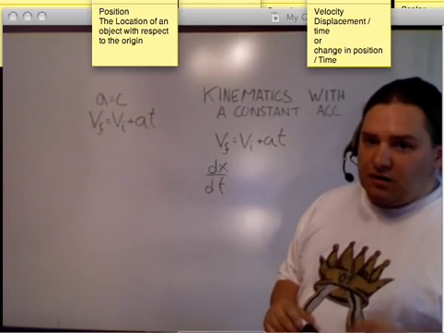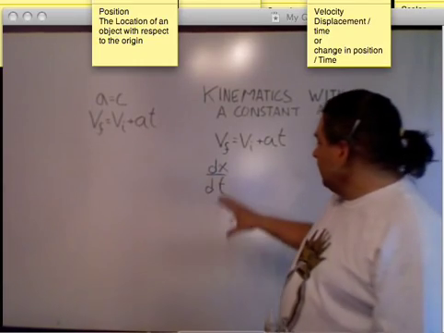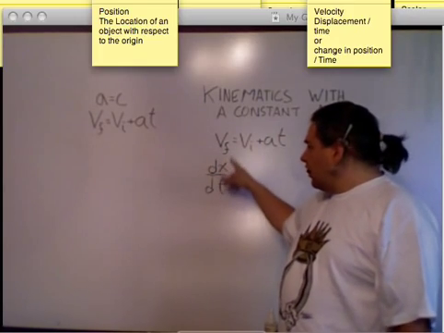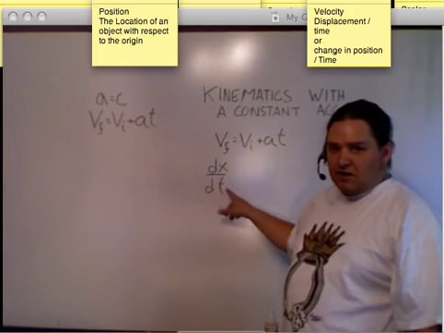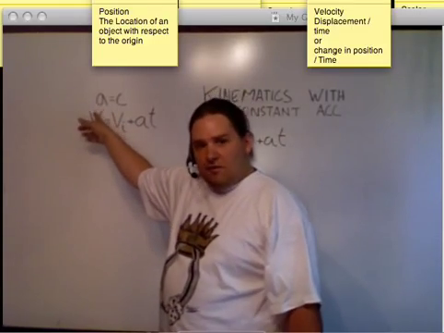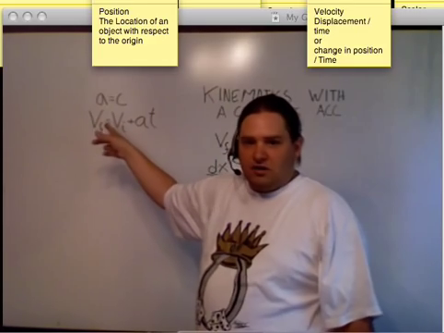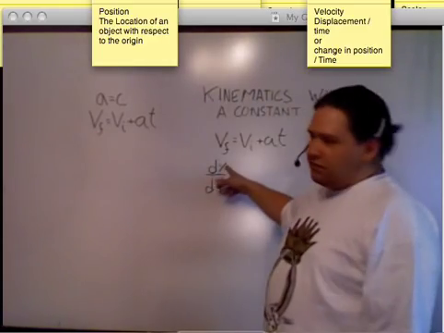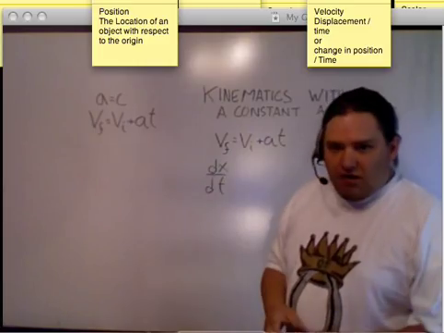So I've got to keep track of direction. I'm coming up with an equation here for the x direction. So if this velocity is the change in the x direction with respect to time, then this acceleration has to be the acceleration in the x direction. This velocity has to be the velocity in the x direction. This position has to be the position in the x direction.